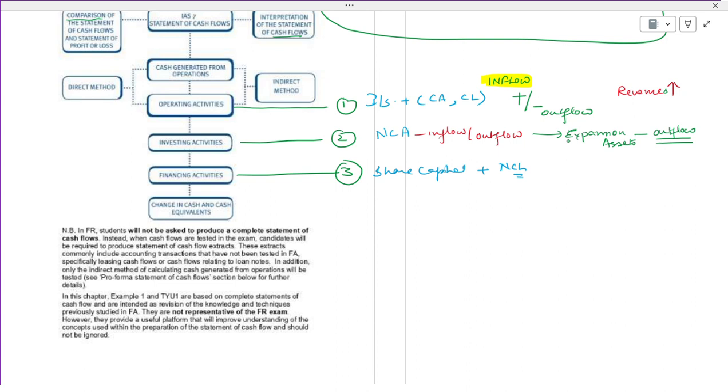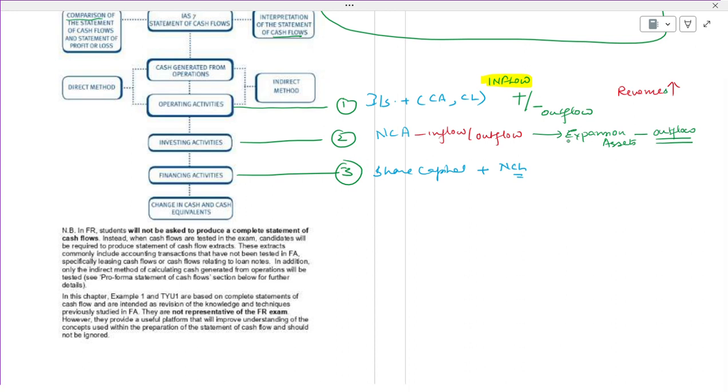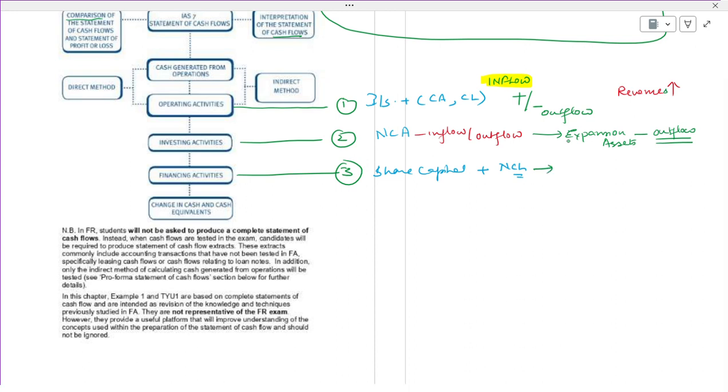Are you clear about this? Very simple. You are doing the business, you want good revenue from operating activities. Then when you get good revenue, you will expand. It is a good sign. Now, financing activities: share capital, non-current liability.